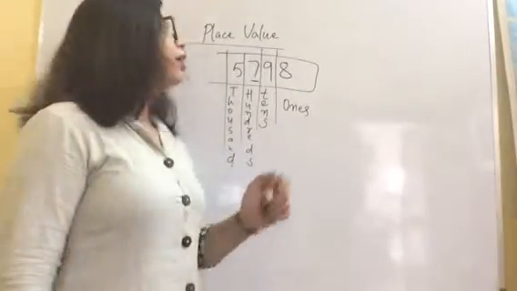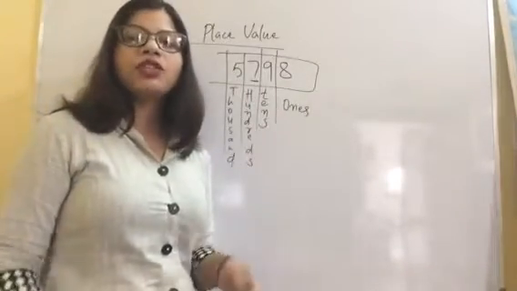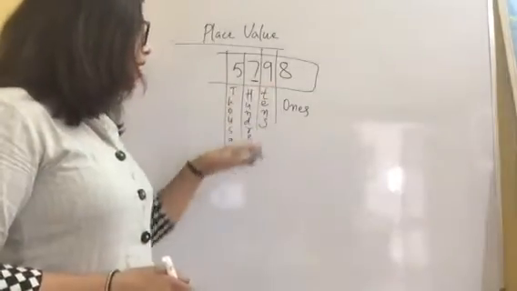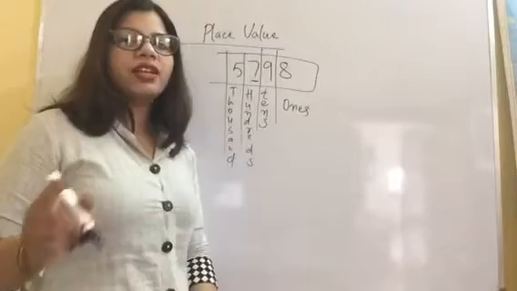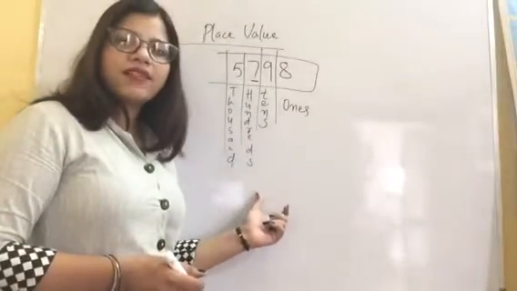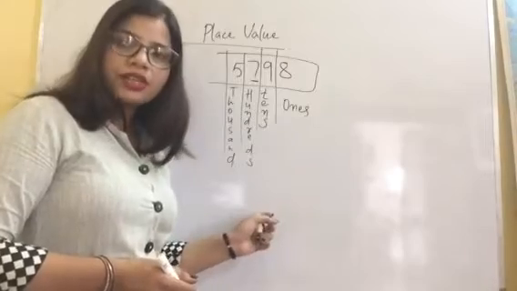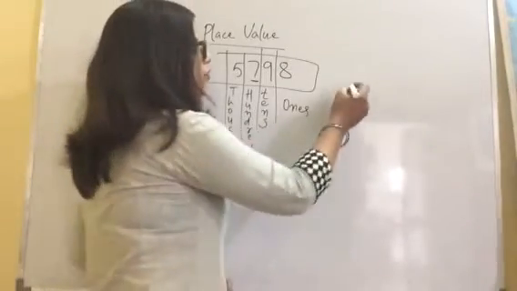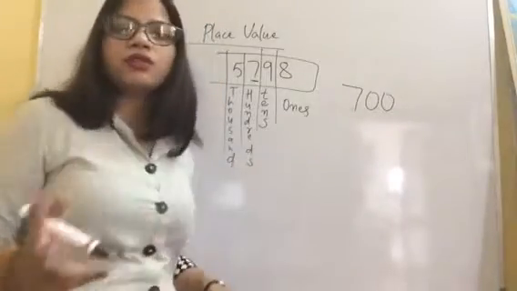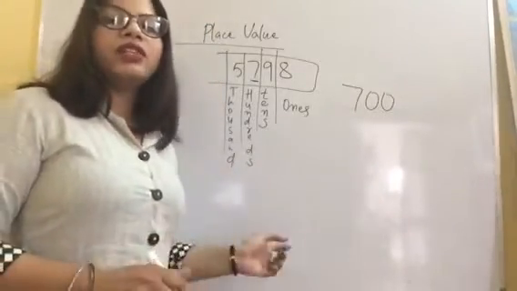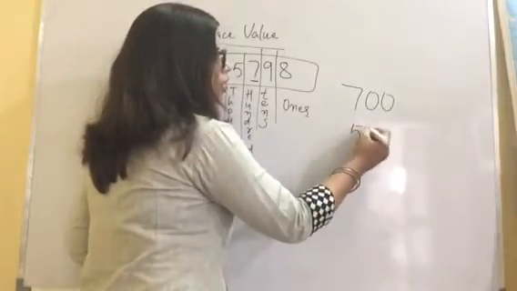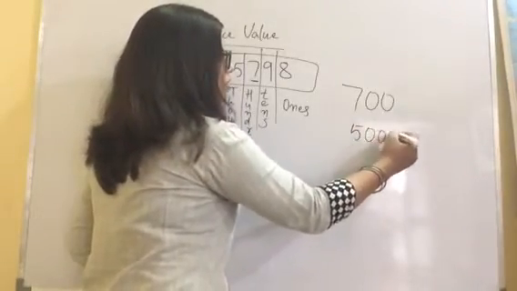Today we have to understand the place value of a particular digit, as they have asked the place value of 7. So can you tell me at which place 7 comes? 7 comes at hundreds place. So the place value of 7 will be 7 and 2 zeros, as 100 has 2 zeros. It is 700. 5 is at thousands place, so the place value of 5 will be 5000.